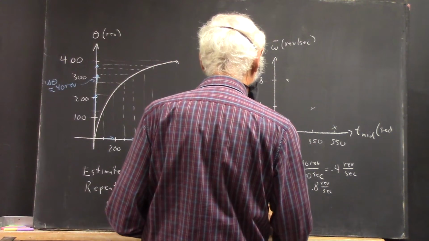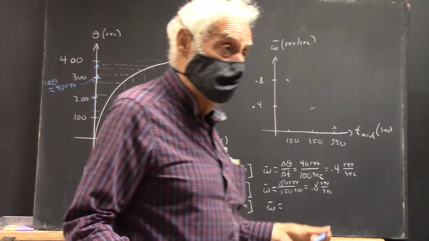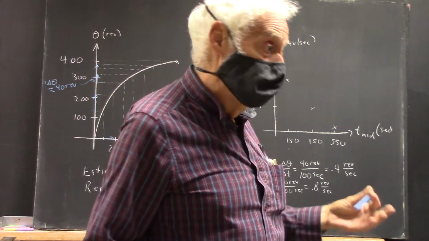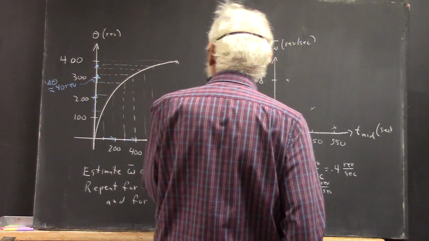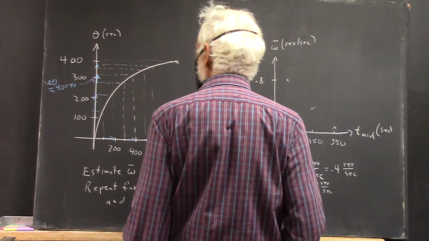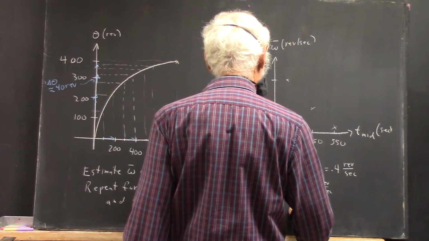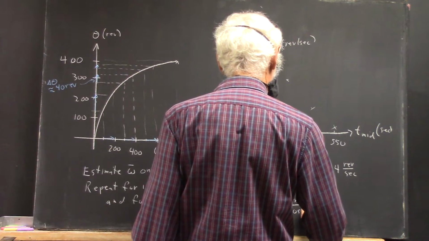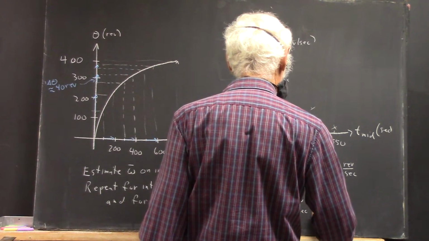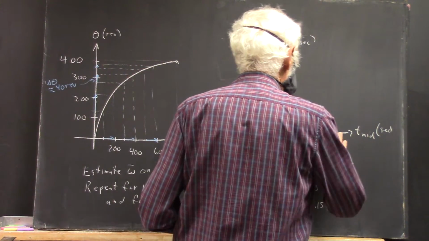If you've got an accurate graph, you can make more accurate measurements, and you've got an accurate graph of your theta versus t. If you don't, you need to get one. So that's about 0.15.